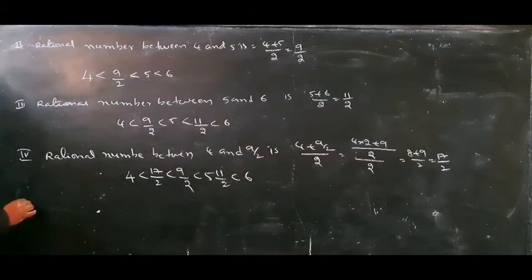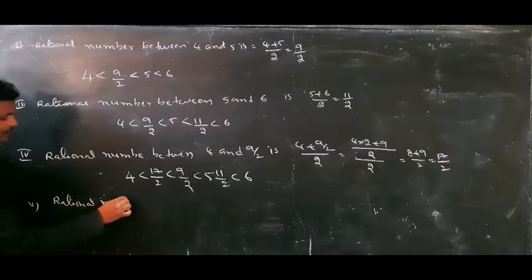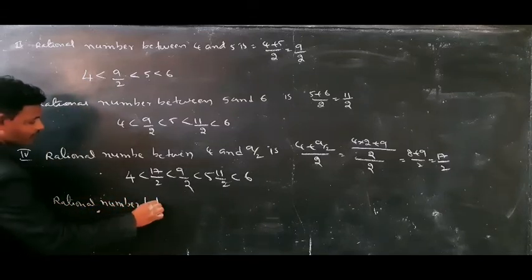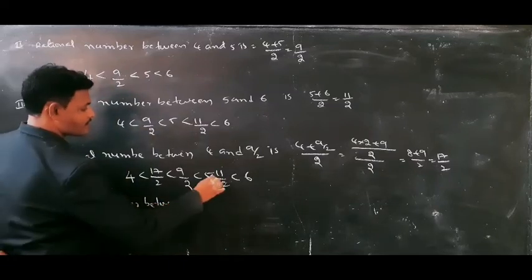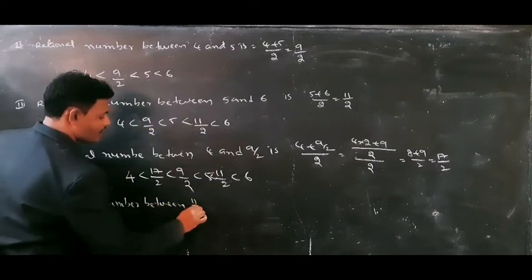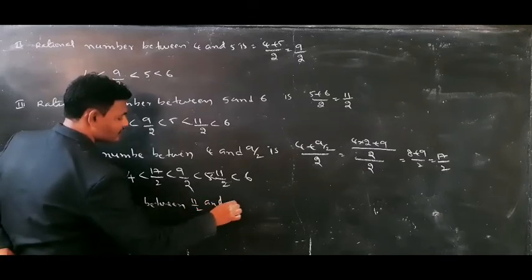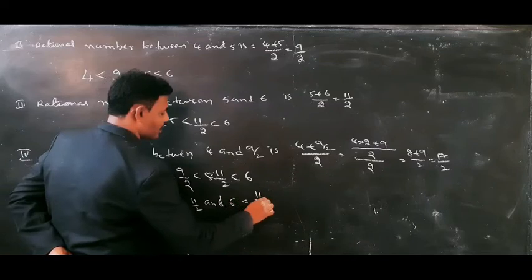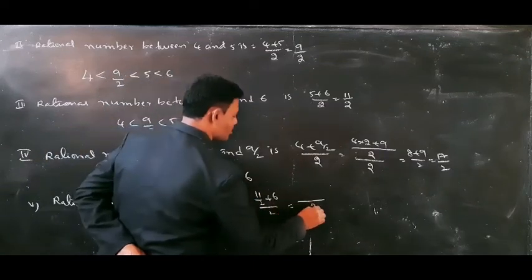So next, the fifth one. A rational number between 11 by 2 and 6 is (11 by 2 plus 6) by 2. 2 is the LCM.